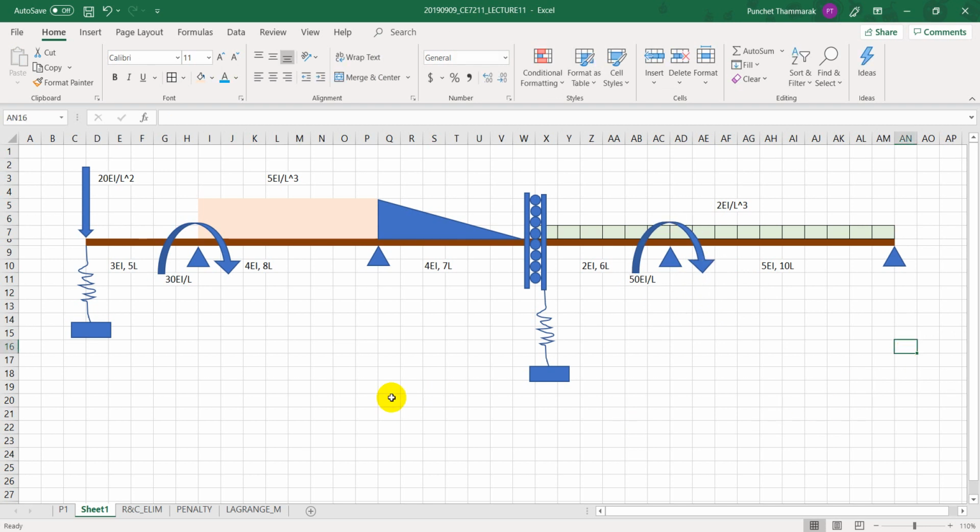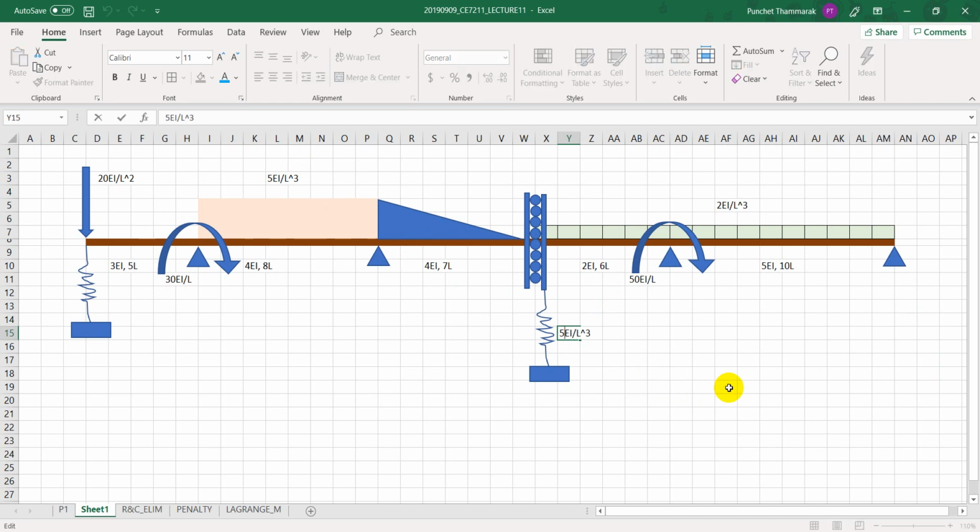What else? Spring stiffness. Spring stiffness will be in the same unit as this one, force per unit length.